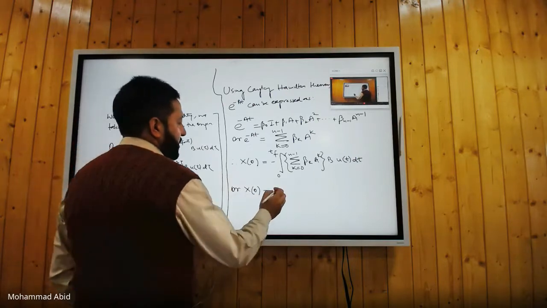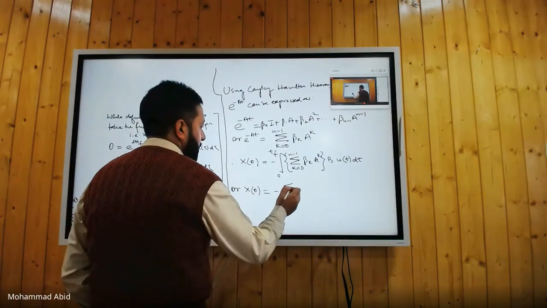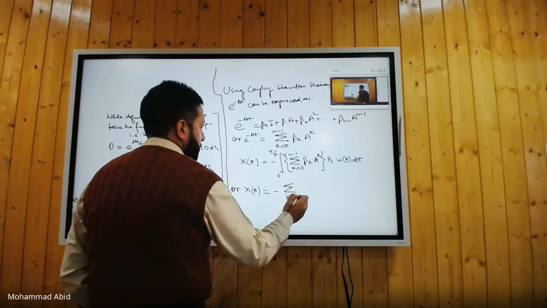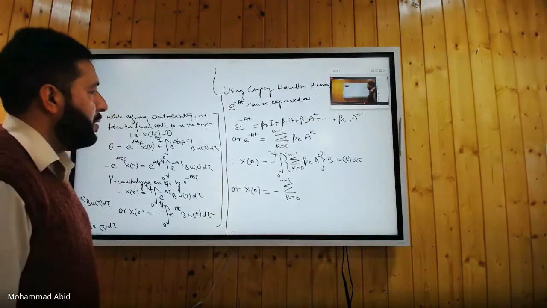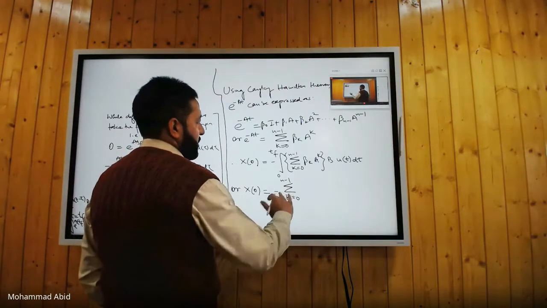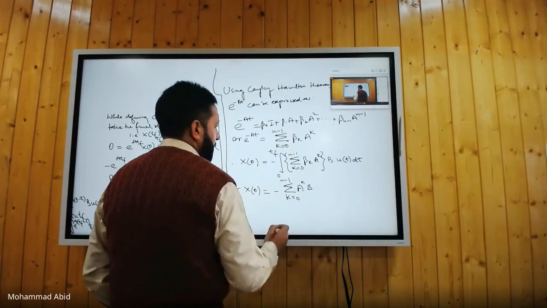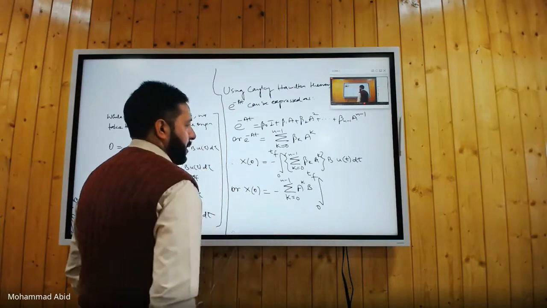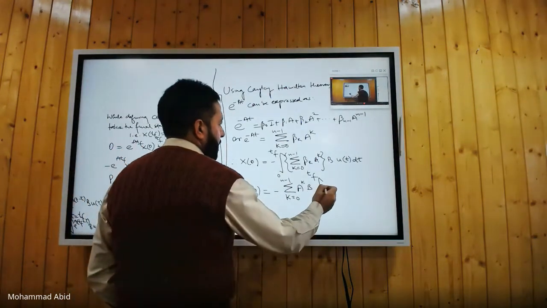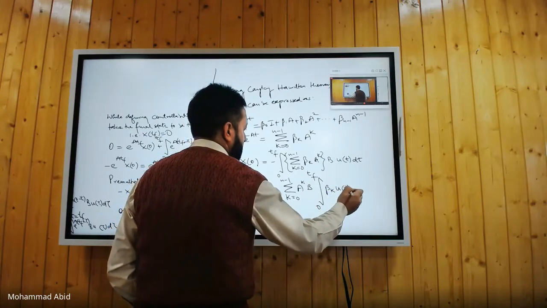Or I can write x naught as minus summation k equal to 0 to n minus 1, A to the power k B, integral of 0 to tf, beta k u(t) dt.